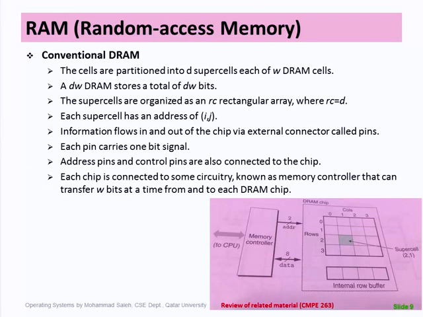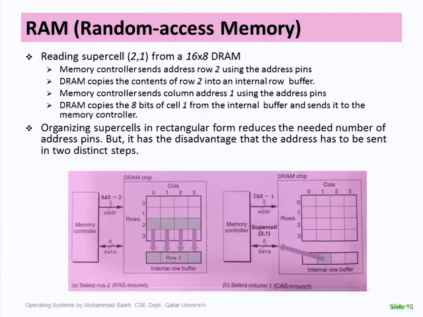But what happens whenever a row is sent to this structure, the whole row is copied to the internal buffer, row buffer, and then waiting for the column to be sent. So first, once we receive a row, it's called the RAS, right, request.